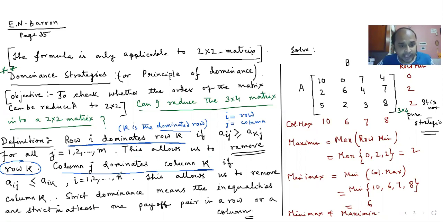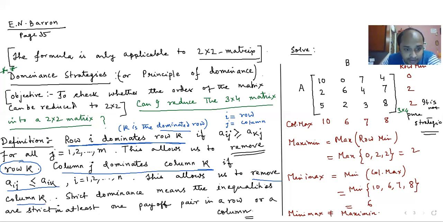This is going to happen if Aij is less than or equal to Aik. Column j dominates another column if the value of one column is less than or equal to the value of another column. In that case, we remove column k.